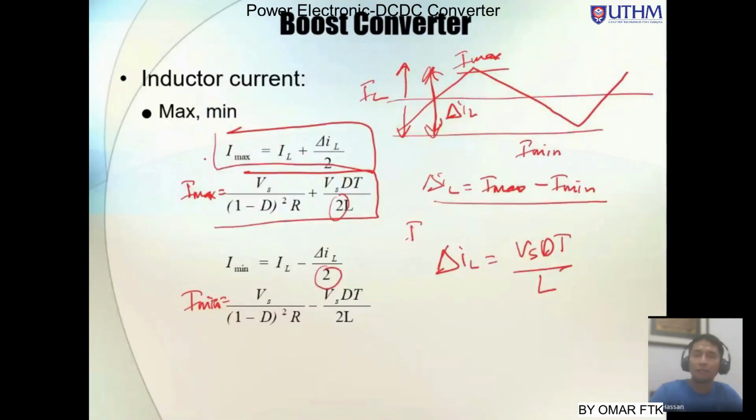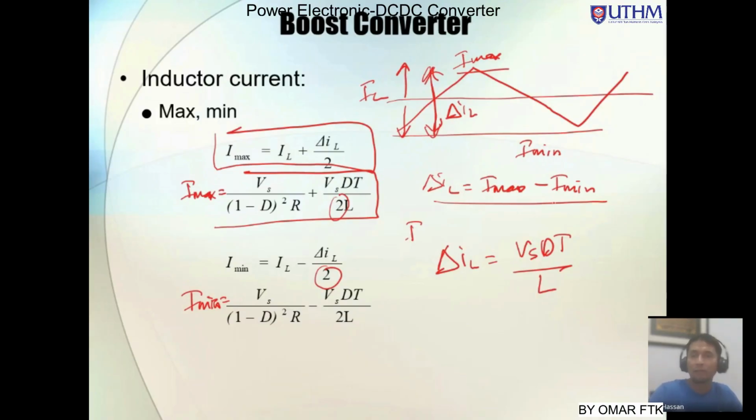Then after that, from the ripple current, the charging and discharging process, we can determine the minimum value of inductor from Imin. So the inductor ripple current, we can determine from Imax minus Imin. Delta IL is equal to Imax minus Imin.